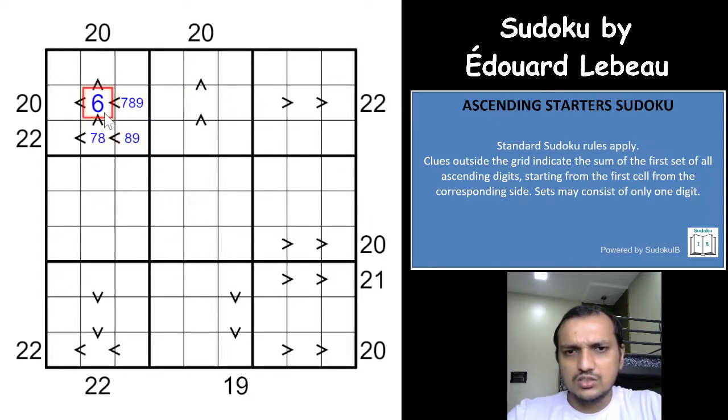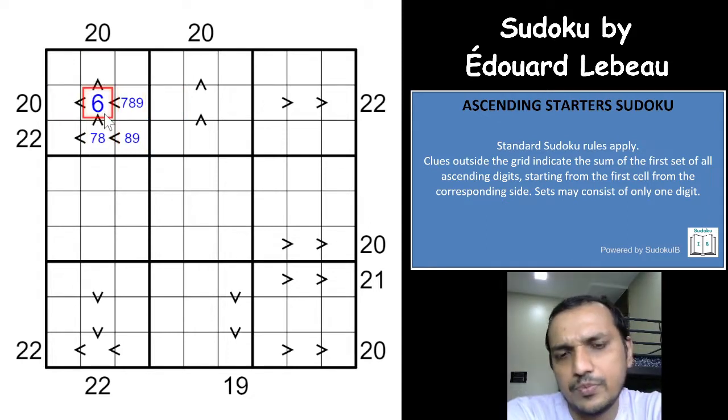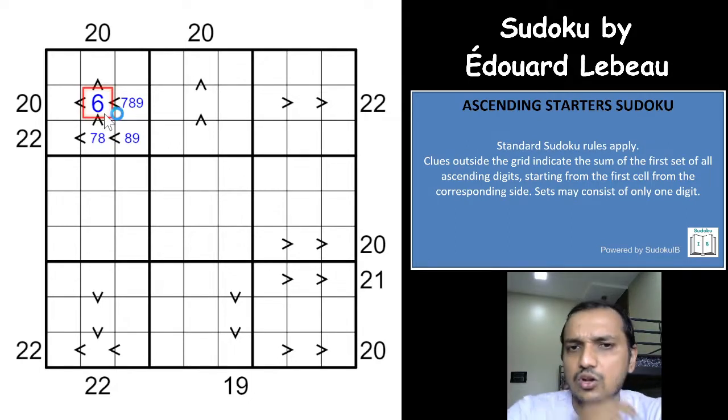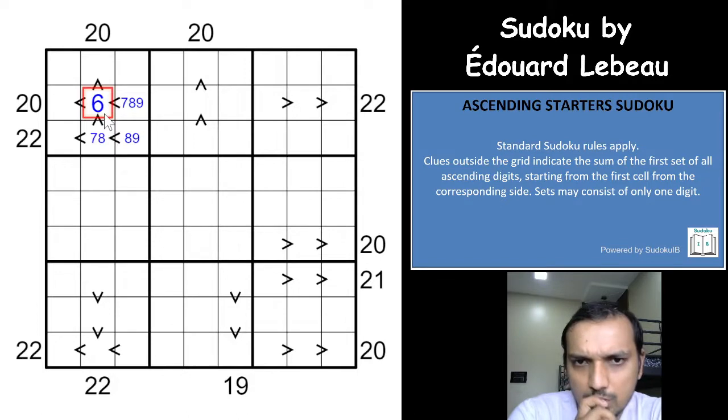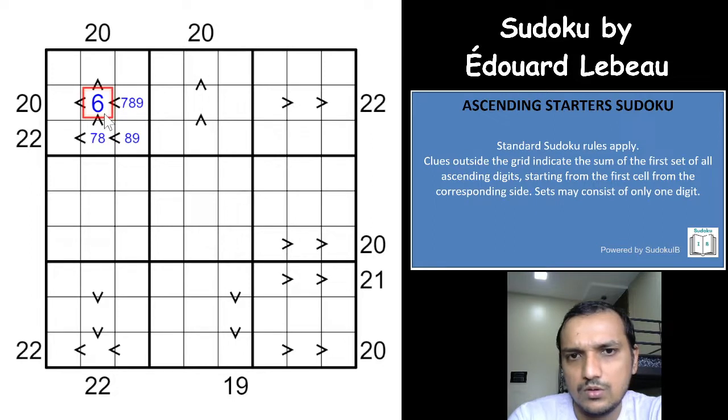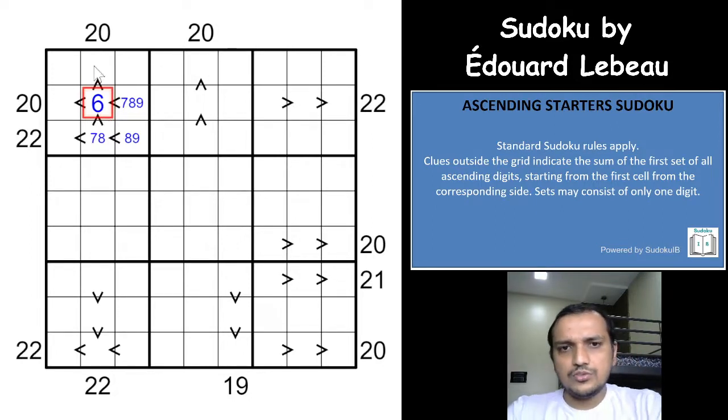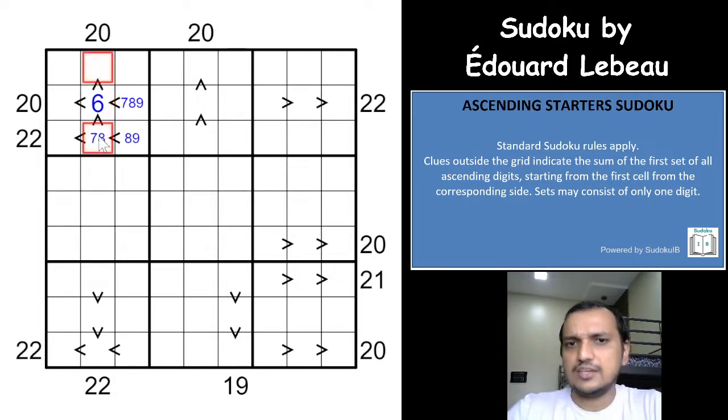So if this is 6, you need 14 more, which can only be the highest here and the highest here.